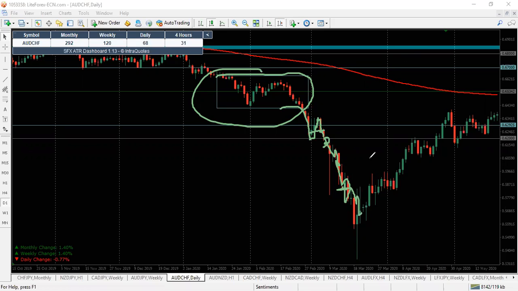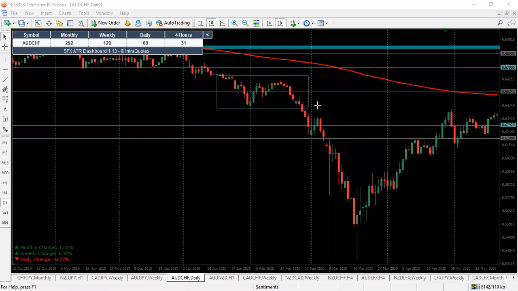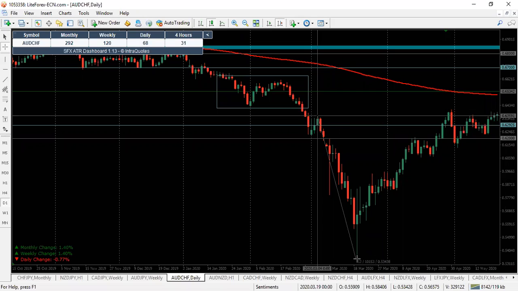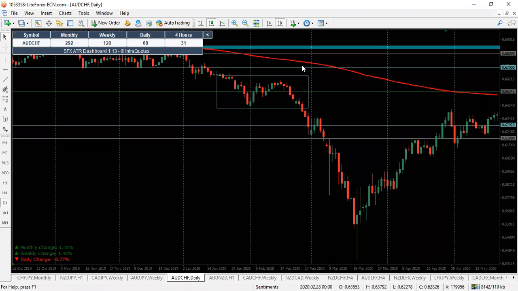Now look at this period here. What happened here? From this high to this low, how many ATR? Wow, 3 ATR. By the time we got to this point, what I wanted to see was consolidation.